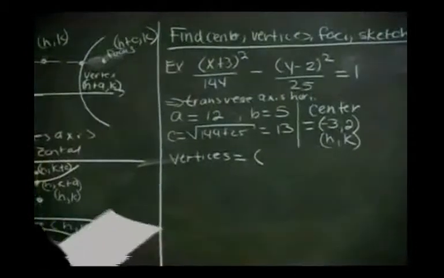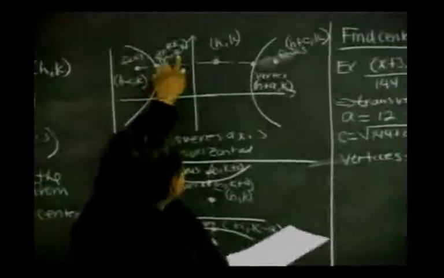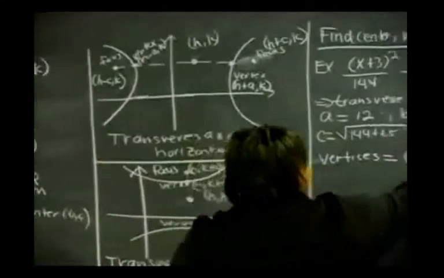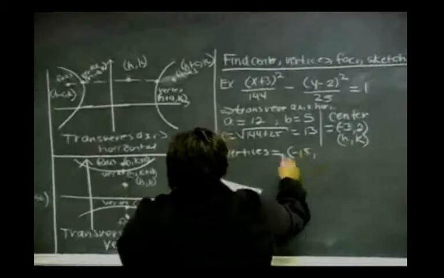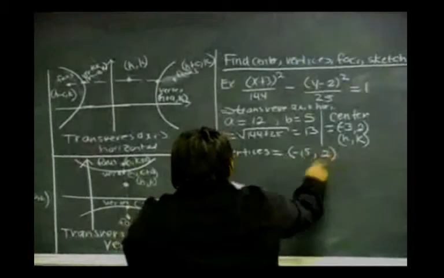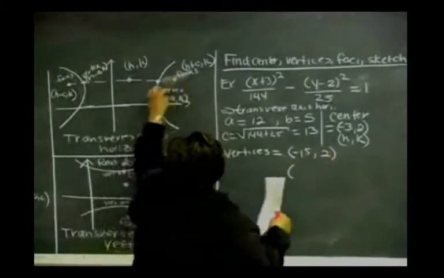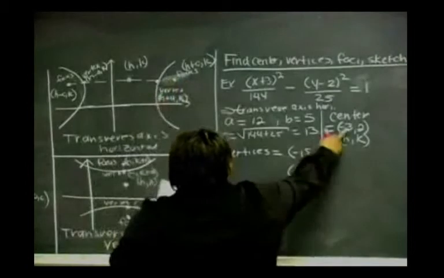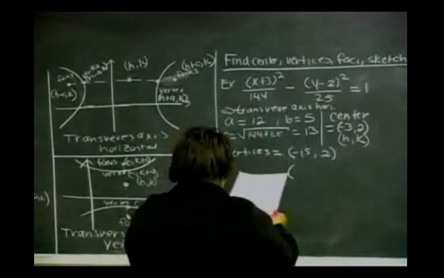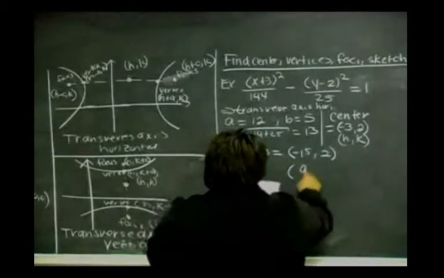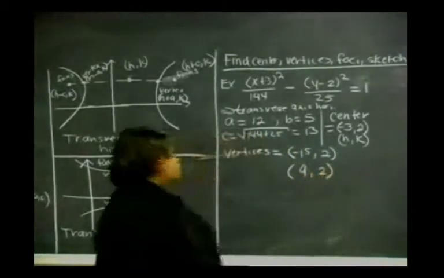So my vertices, H minus A, so negative 3 minus 12 is negative 15, comma K. And H plus A, negative 3 plus 12 is 9. So those are my vertices.